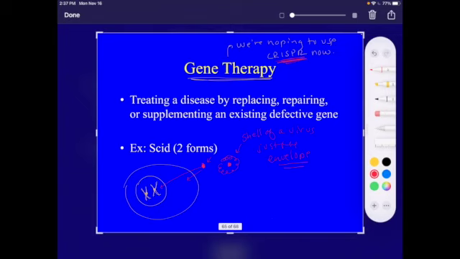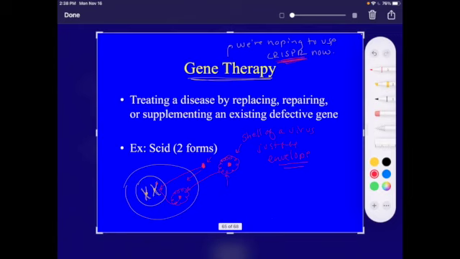Like, let's say this is just the envelope of a virus we know that attacks this particular type of human cell. And then the whole thing will get in there. And if we have sequences that allow this thing to become a provirus, we might possibly be able to put in a good copy of a gene to replace a bad copy of a gene and say, oh, look, there, it goes in there. Well, again, CRISPR is going to be so much more efficient at doing that, and they actually have with sickle cell anemia.